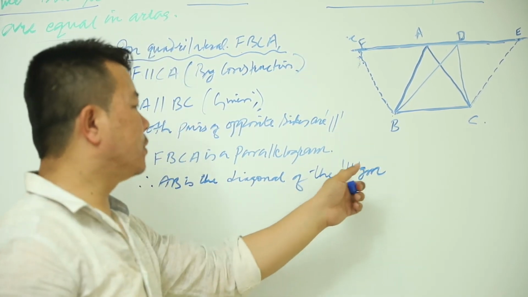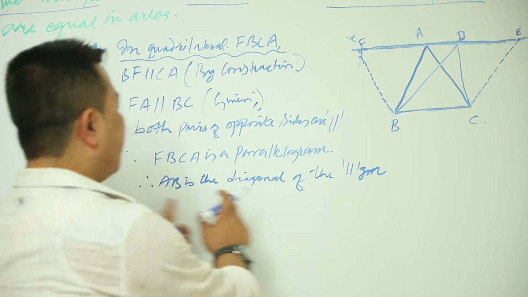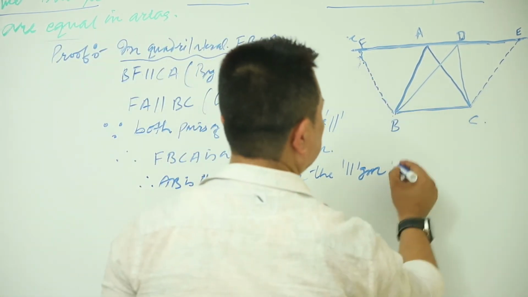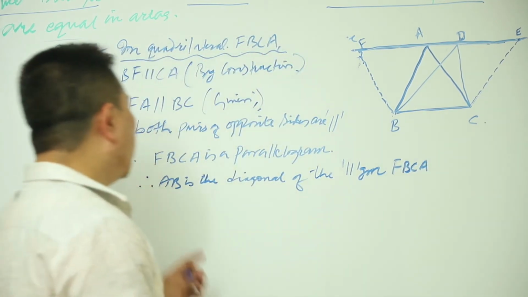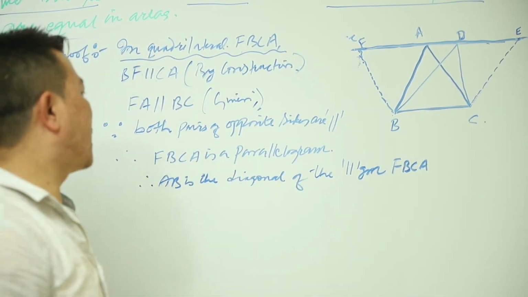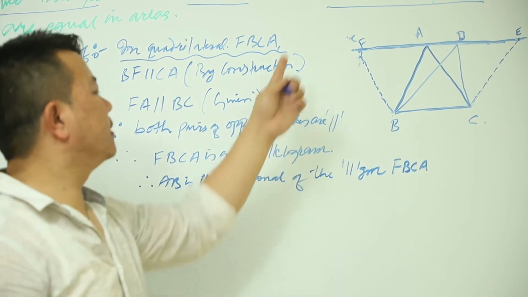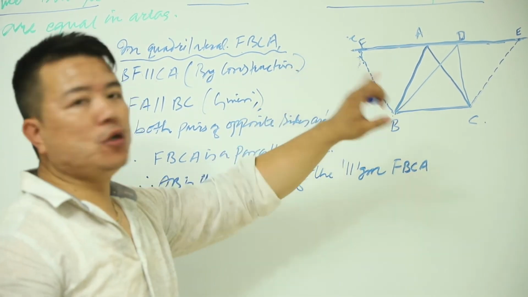Now AB is the diagonal of parallelogram FBCA. The property of a parallelogram is that the diagonal bisects the parallelogram into two congruent triangles.